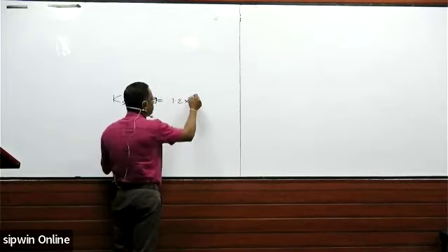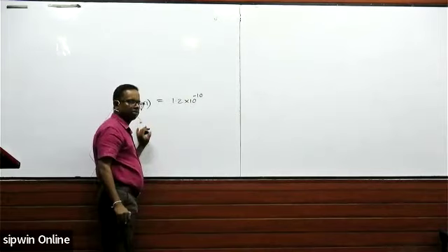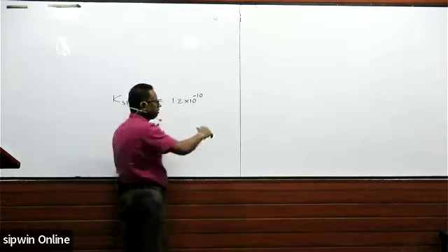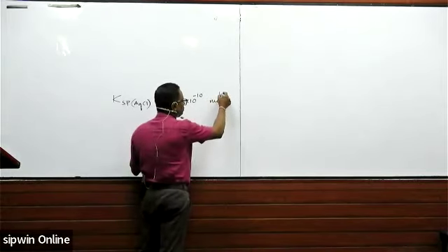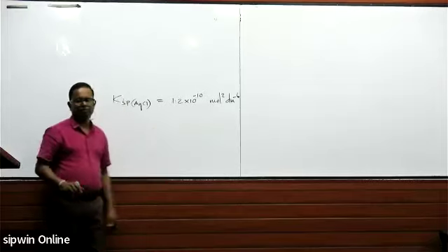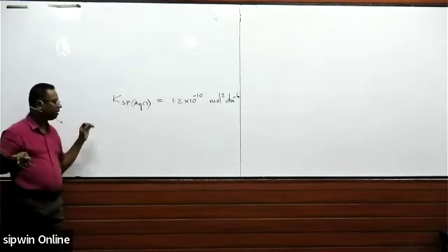The unit: silver chloride means silver ion concentration times chloride concentration, so concentration squared.